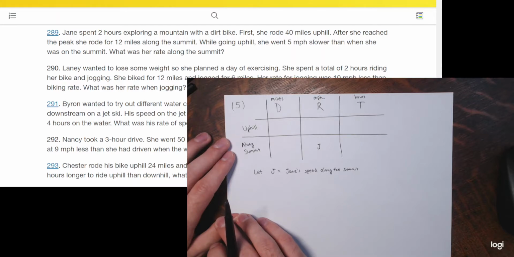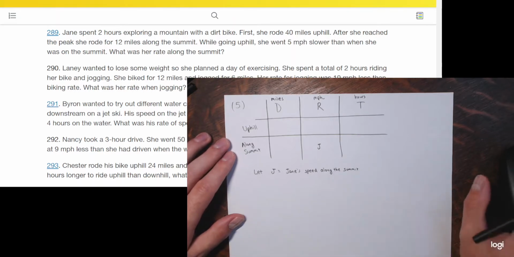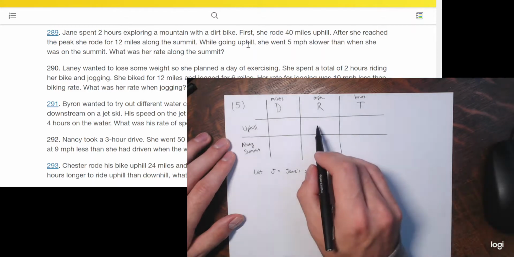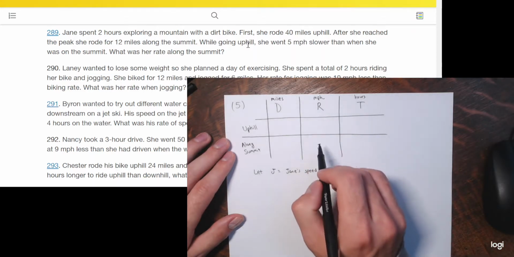And another thing that was mentioned was she went 5 miles per hour slower. Oh, sorry, I read that wrong. It says while going uphill, she went 5 miles per hour slower than when she was on the summit. So the uphill rate needs to be 5 less than the summit rate.